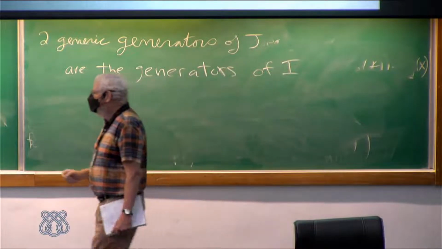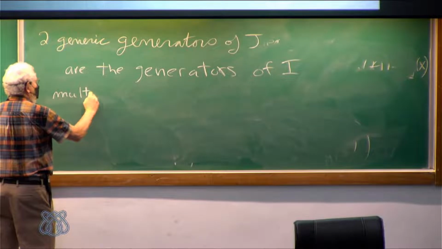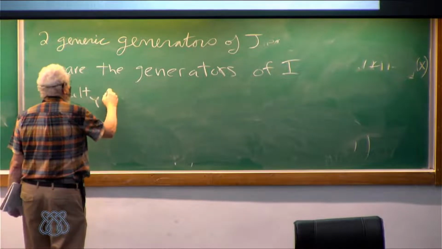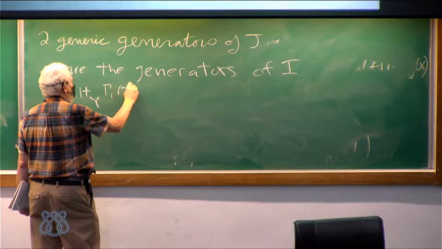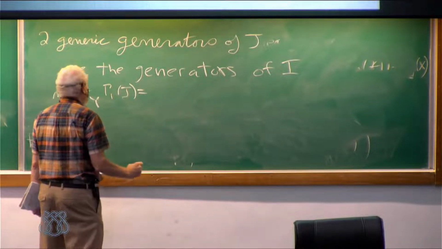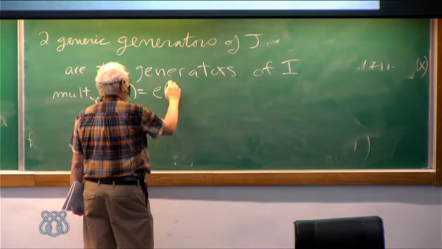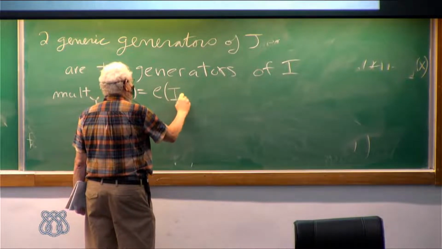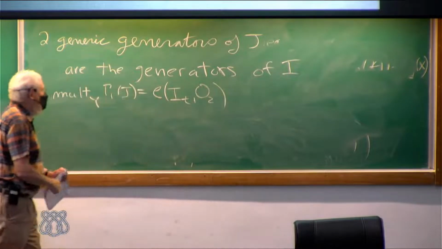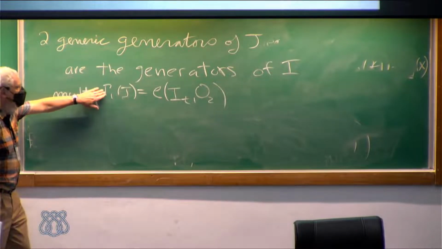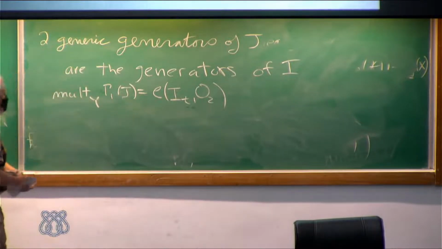And so that means that the multiplicity over y of gamma 1 of J is just equal to, how about that, the multiplicity of I_t in O2. The polar curve of this is the zeros of this, and so we're going to get the same answer.